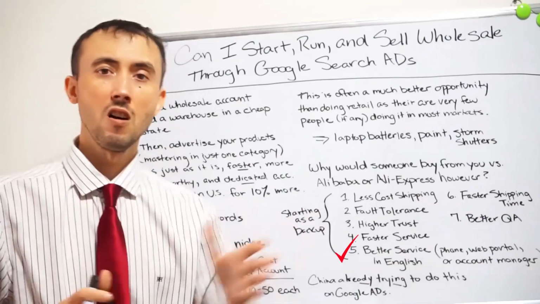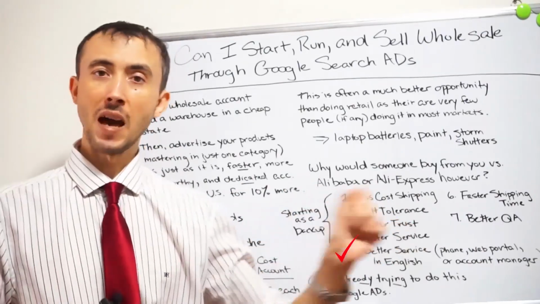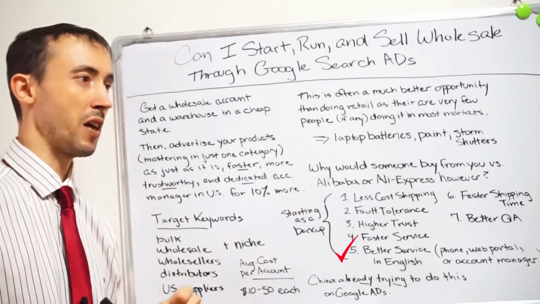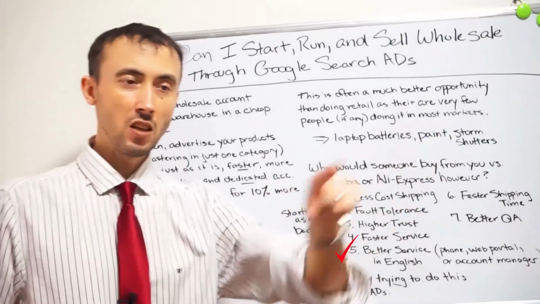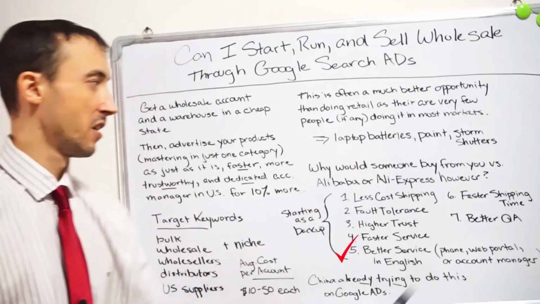Like if you call a bigger electronic supply company like Mouser, I used to buy components from them, or DigiKey, they would let you get an engineer on the phone. That's the kind of service you want to provide here.